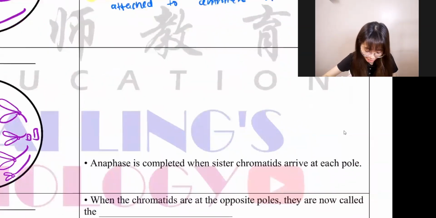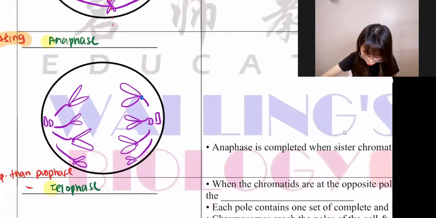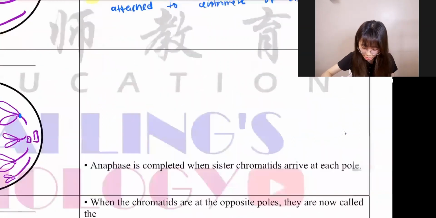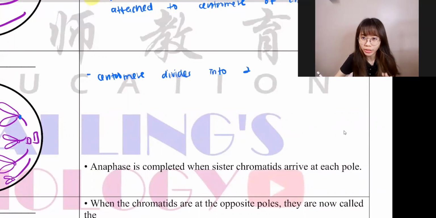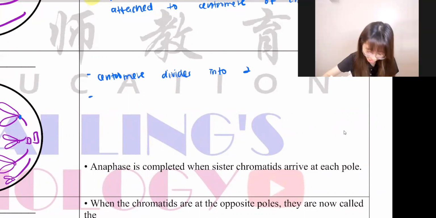Now, when I start from anaphase, you have to say the centromere divides into half. These are the centromeres, right? This is the centromere, they are divided into half. So we're going to say that centromere divides into, not half, divides into two parts. Or one on the left, one on the right, divides into two parts. Did I say half? Yeah, I think I said half just now.